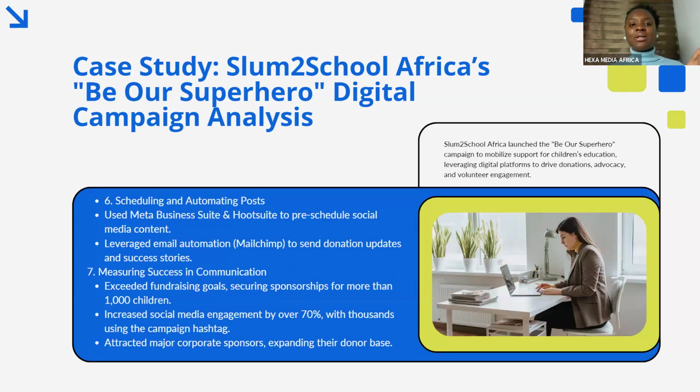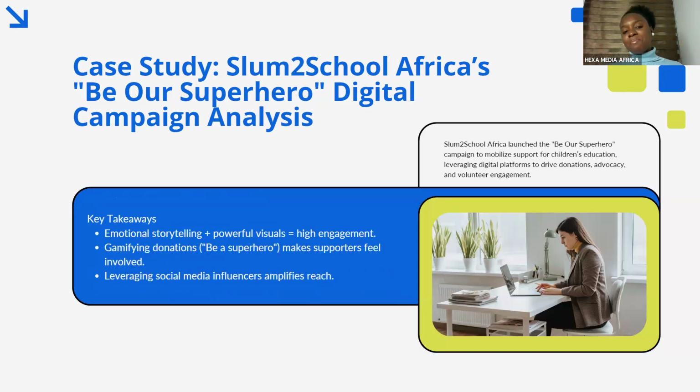And I'm very sure their content was scheduled, because it was just going out when we really needed to see it. And so they exceeded their fundraising goals, they increased social media engagement, and they also attracted major corporate sponsors because of this campaign, right?